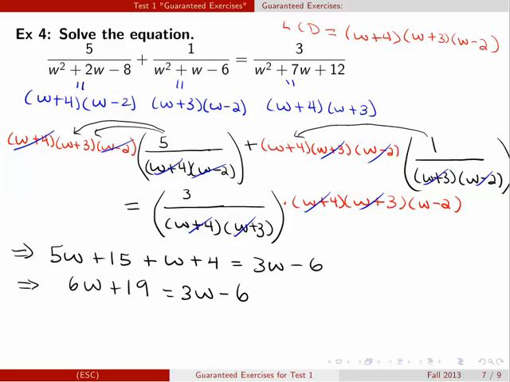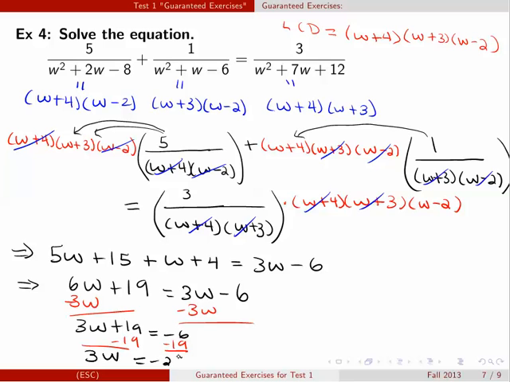Okay, then we can subtract 3w from both sides, and we get 3w plus 19 equals negative 6, and then subtract 19 from both sides, and we get 3w equals -25.